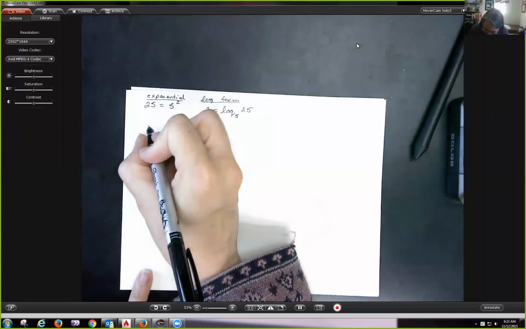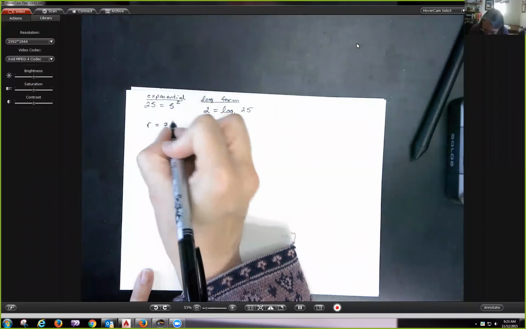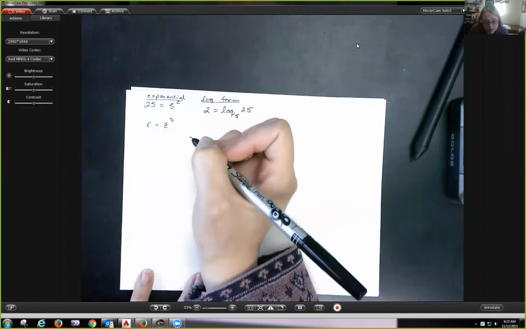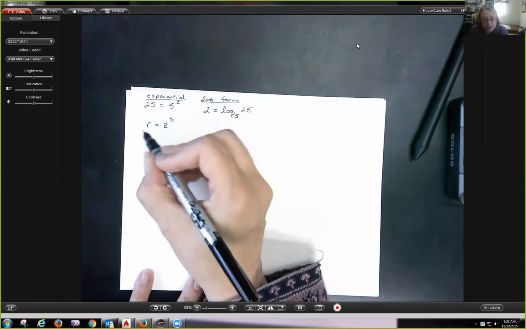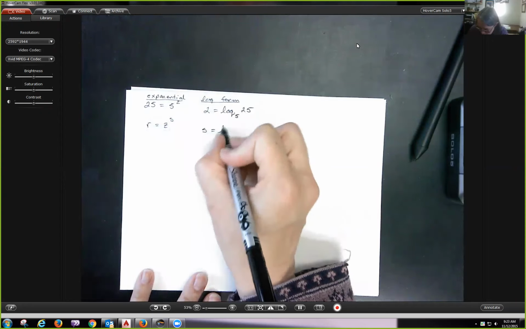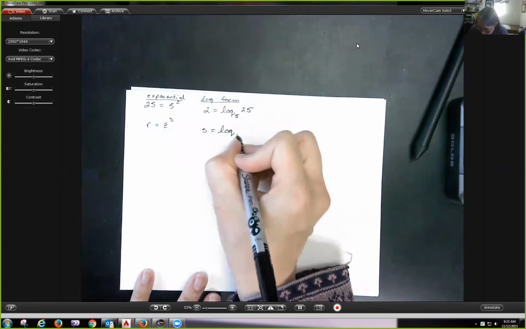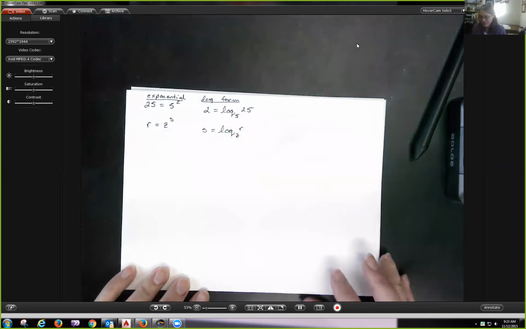So in general, if a quantity equals another quantity to some power, we can go back and forth between exponential form and logarithmic form by using this pattern. Make sure this pattern makes sense to you. It is not magic.